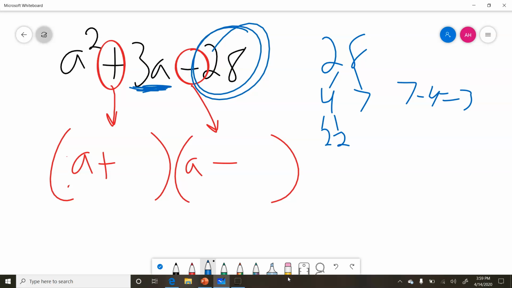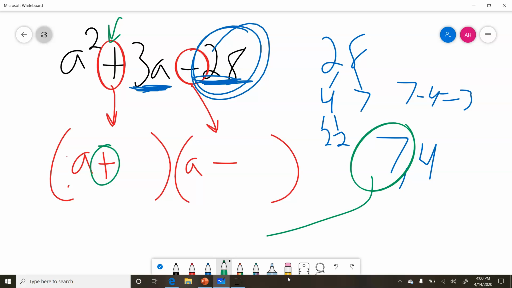So now I have to worry about the order. Okay, we know that now it's going to be 7 and 4, but we don't know which way to go. So now I look at this sign right here. It's a plus. So when it's a plus, it means I have to put this plus with the bigger one. And I put the 7 right there. And put the smaller 4 over here.